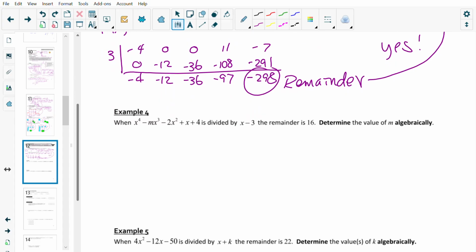Example 4. More uses for the remainder theorem. Solving for an unknown value. When x to the fourth minus mx cubed minus 2x squared plus x plus 4 is divided by x minus 3, the remainder is 16. Determine the value of m algebraically. So first step, x minus 3. My a value has to be 3.